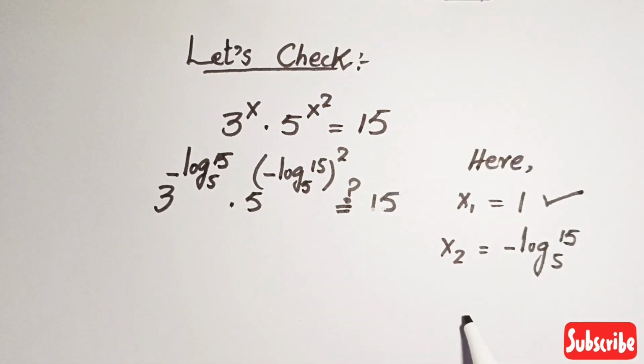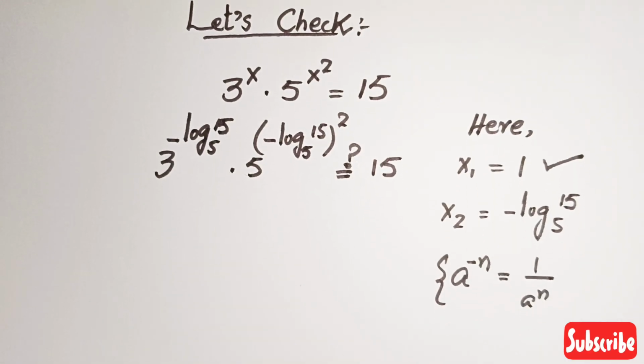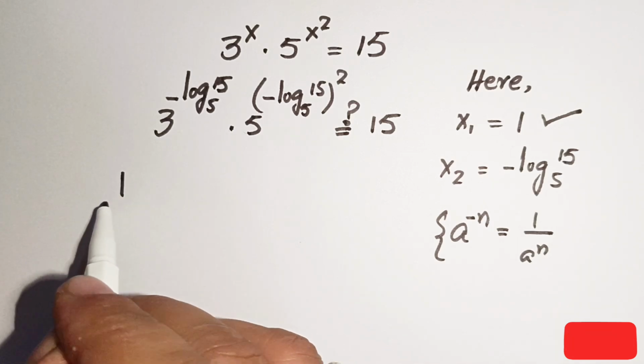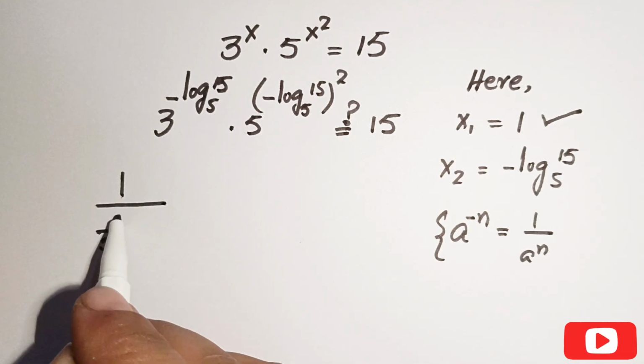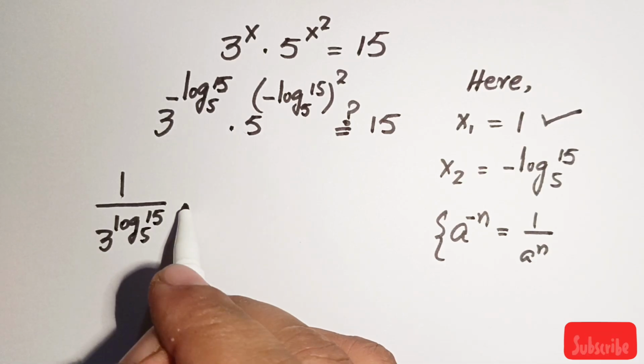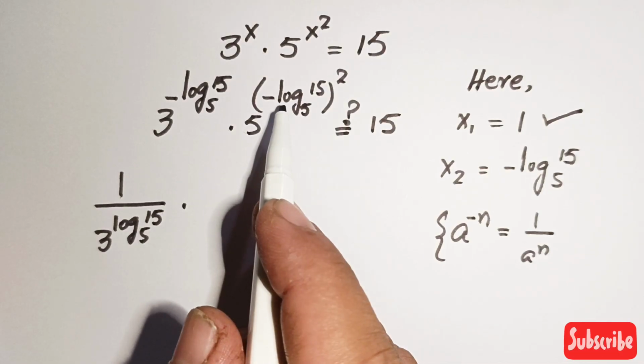Now we know that by the exponential identity, a to the power minus n is equal to 1 over a to the power n. So using this property, it will be 1 over 3 to the power log 15 to base 5 times, here this minus squared is equal to plus.